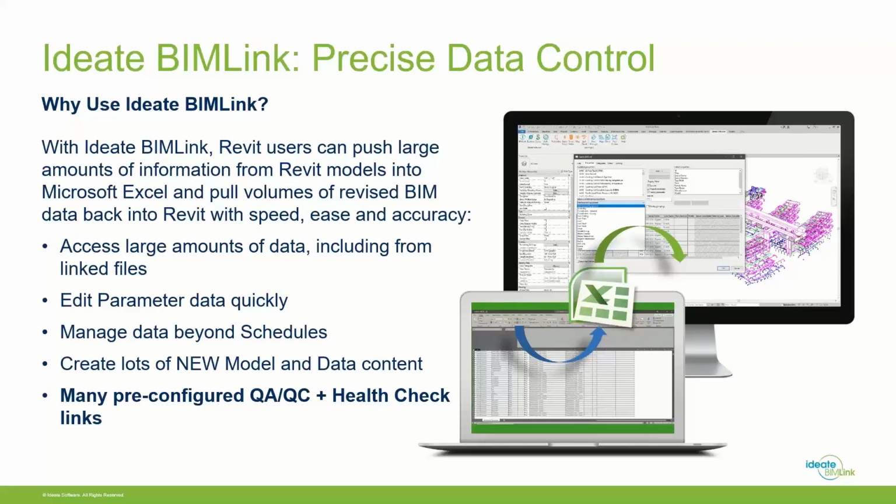Sometimes it's just reviewing. You might have a QA, QC process. Other times, you do want to modify the data, so it allows you to edit and change that information very easily. You'll see here, specifically for BIM managers, many QA, QC, health check links. I'm going to specifically talk about health check when I show Ideate Bim Link.